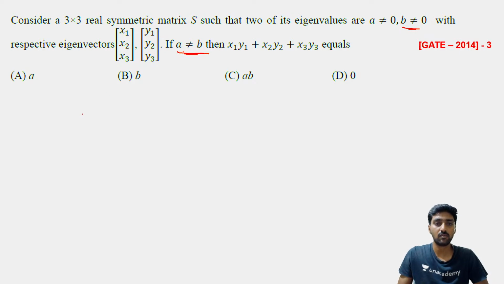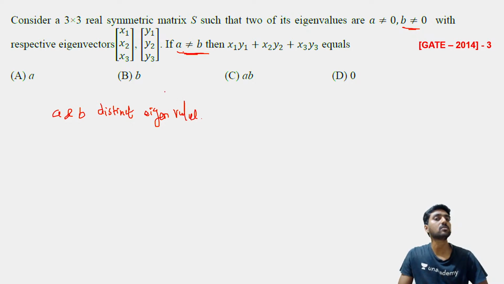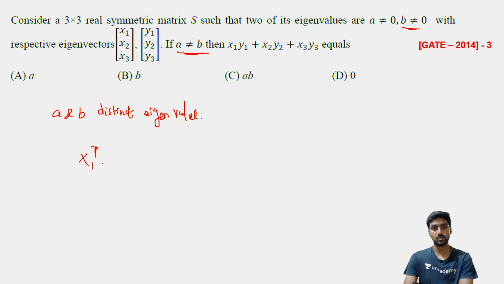They are distinct eigenvalues, A and B. For the distinct eigenvalues of a real symmetric matrix, x1 transpose into x2 is equal to 0. Right? So here now substitute x1 transpose.